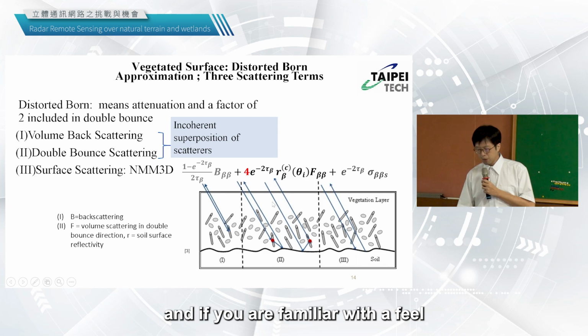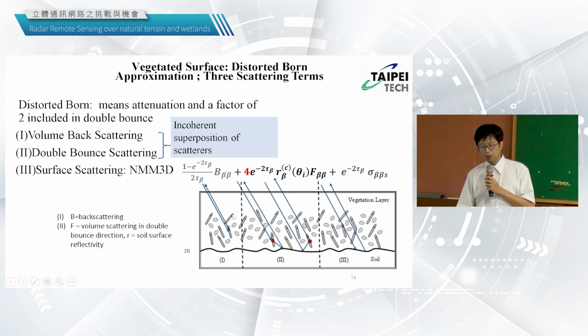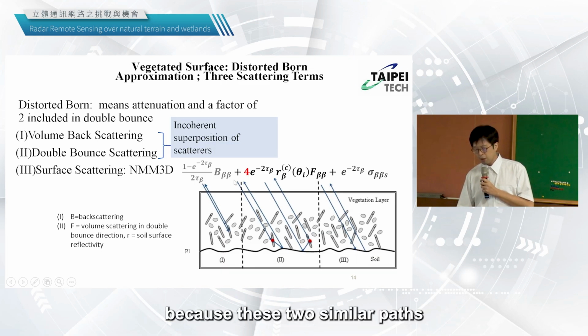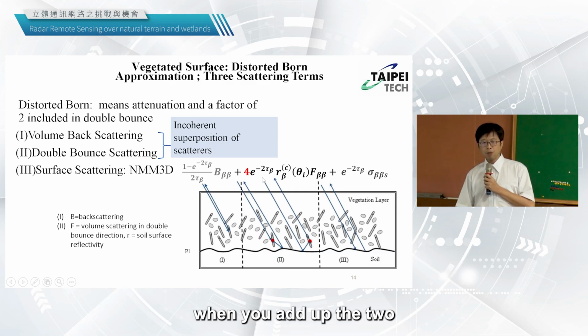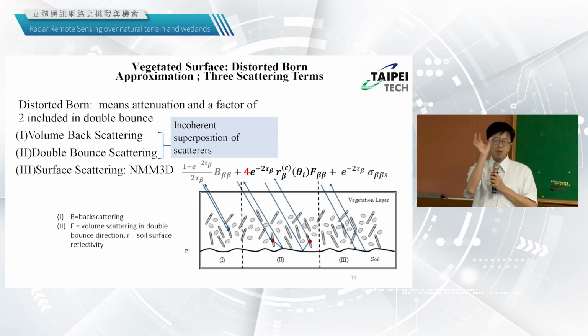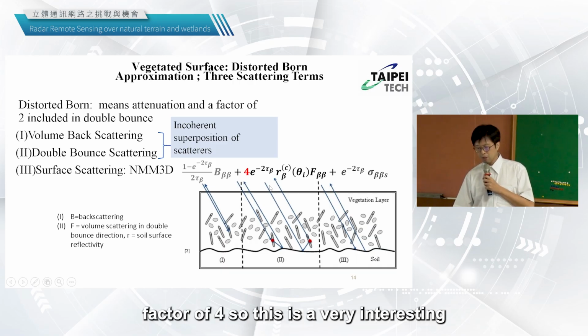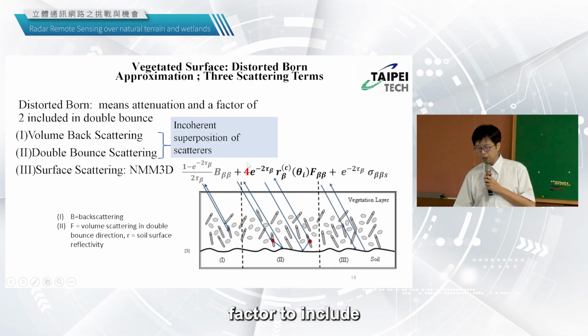And if you are familiar with field interference, then you will see here I put a 4. Because these two similar paths will give you the same field. When you add up the two in-phase fields and take the square for the power, you actually get a factor of 4. So this is a very interesting factor to include.